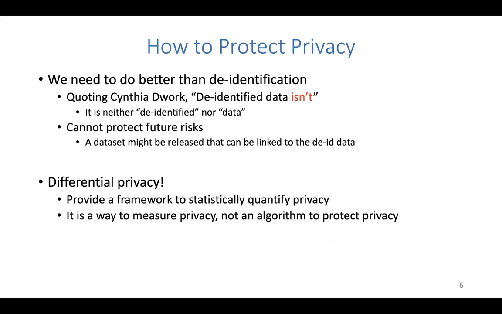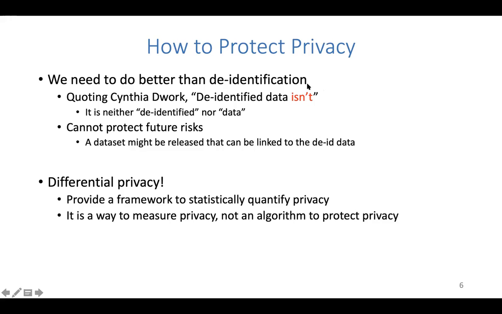So we need to do better than just de-identification. Quoting Cynthia Dwork, the researcher who designed differential privacy, I think it was 2007 or 2008. She said that de-identified data isn't.